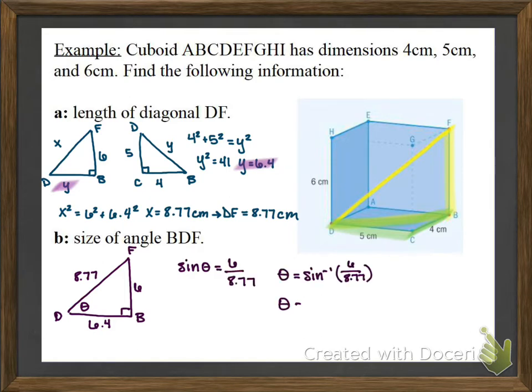I prefer sine, so sine equals opposite side 6 over hypotenuse 8.77, and we get an angle of 43.2 for angle BDF. You could use sine, cosine, or tangent using SOHCAHTOA, or you could use cosine rule, and you should get the same angle measure using any of the three options.